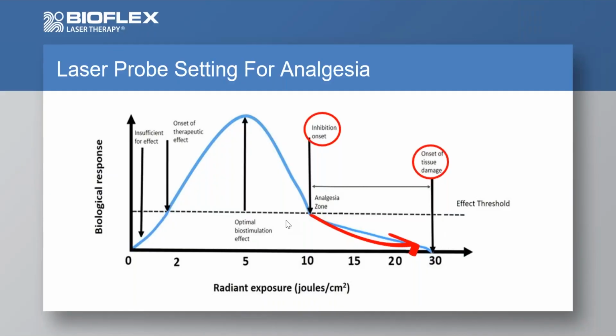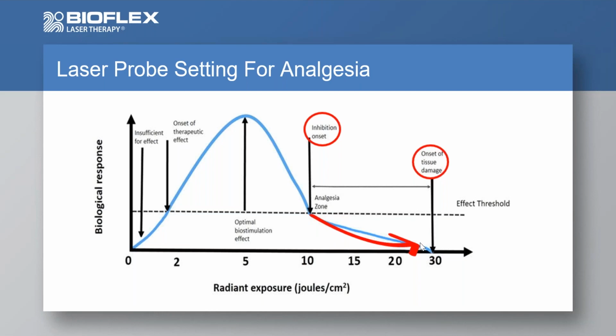Now, you can try to achieve analgesia as well. And I talked a bit about this in the advanced class that we had over the weekend. Essentially, when you look at the standardized dose response curve, we used to call it a biphasic dose curve, but now it's considered multiphasic because they're now understanding that you can inhibit with light energy, and the inhibition actually inhibits the analgesic pain fibers, the nociceptor fibers, anywhere between 10 and 20, 30 joules per centimeter squared.